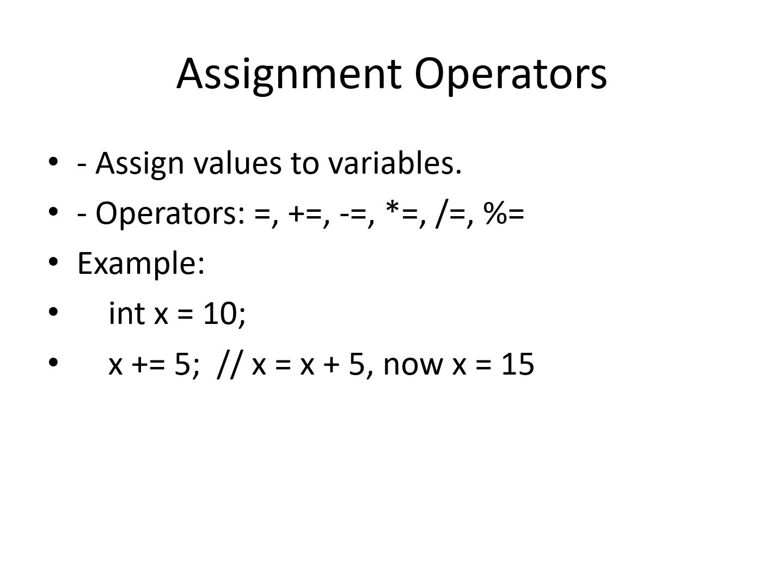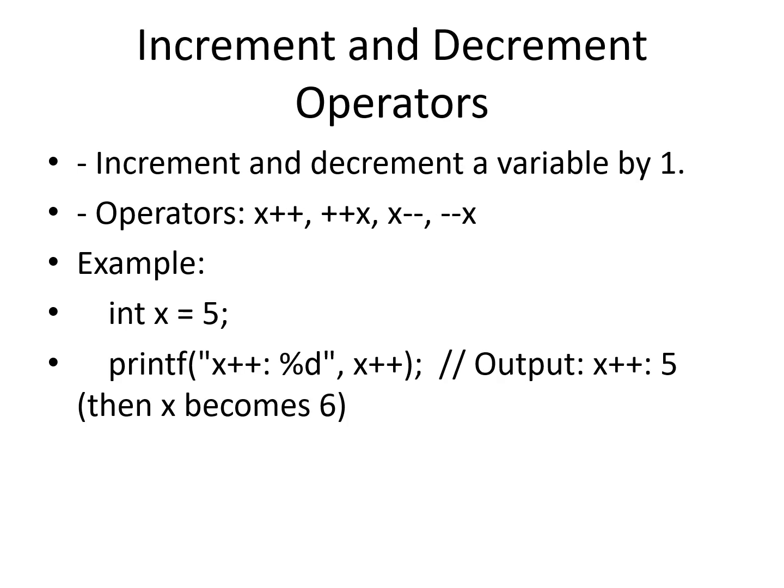So the value of x becomes 15. In the same way, x minus equal to 5 means x equal to x minus 5, and in that case the value of x is 5. If you use x multiply equal to 5, it means x equal to x into 5, and in that case the value of x is 50. So these are assignment operators.